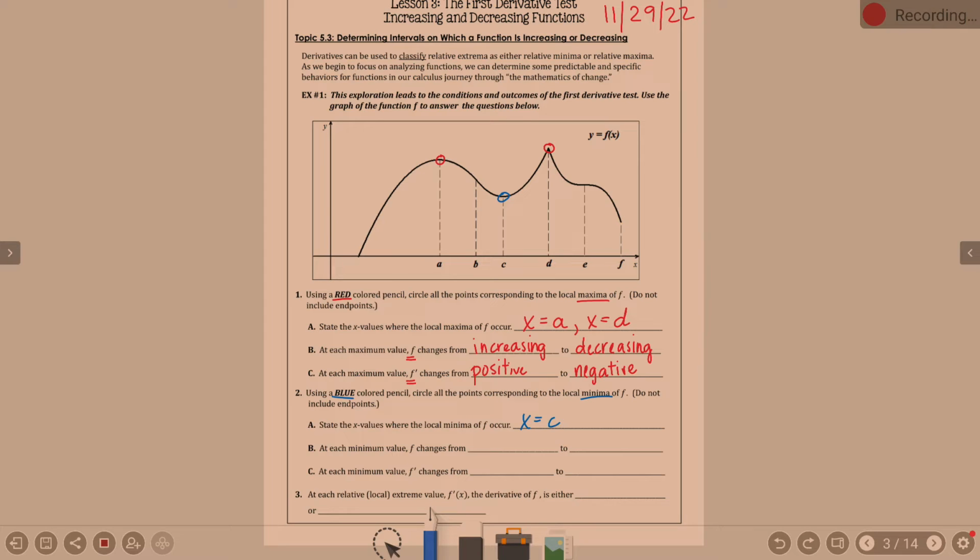Okay, similar fill in the blank. At each minimum value, f changes from what to what? So as the function goes into a minimum and then goes out of a minimum, what's it doing? Yeah, it's decreasing into a minimum and increasing out of a minimum.